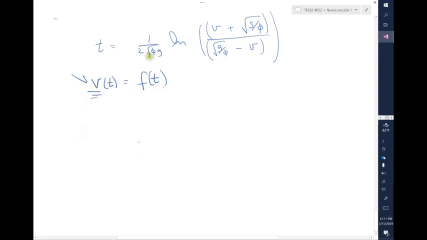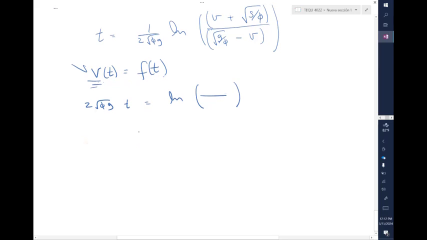So if I multiply by this factor here, the denominator, I end up having something like this: t, the time, times 2 times phi times g, equal the log of all this. I don't want to rewrite all that again, but you get the idea.